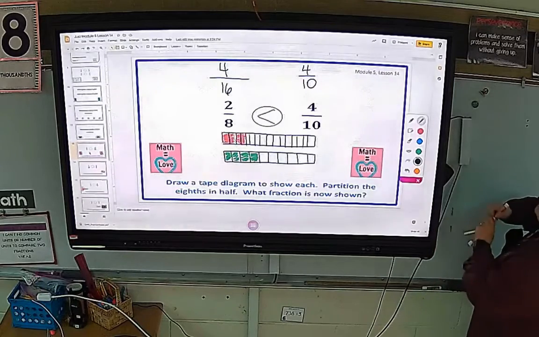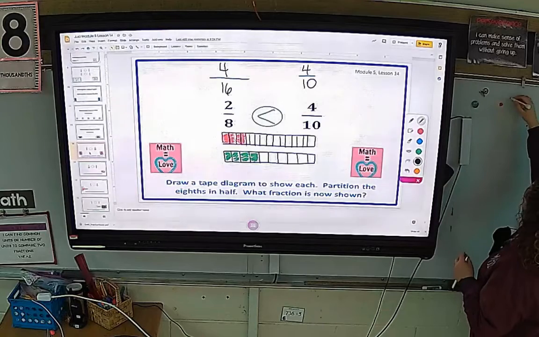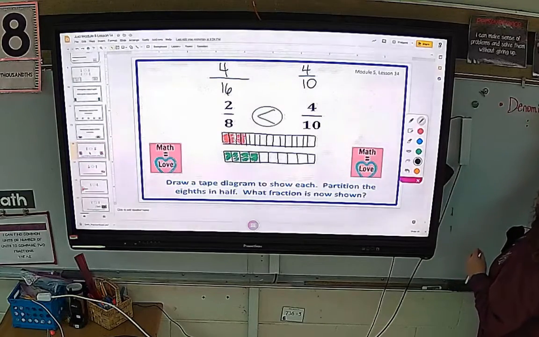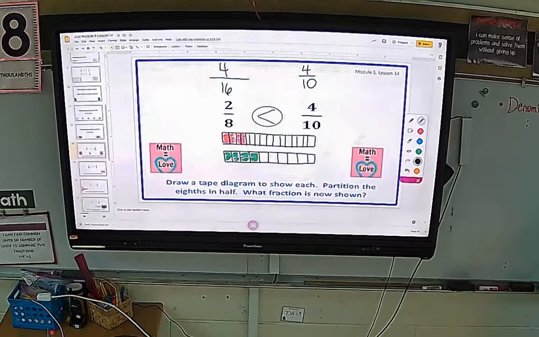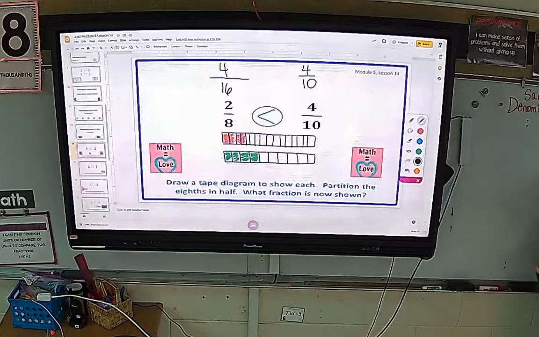Okay. I'm going to separate that into two. When we first started, the denominator was either fifths or fourths. The denominator was the what? It was the same. Okay? And so if the denominator is the same, we can look at how many pieces we have. We look at the numerator.